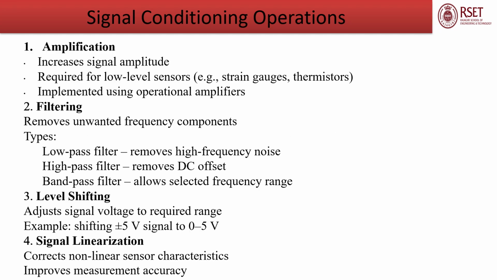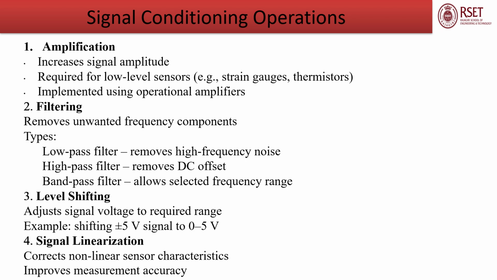Next are the different steps to be carried out while performing the signal conditioning process. The signal conditioning involves several operations. The first is amplification, which increases the amplitude of low-level sensor signals and is commonly implemented using operational amplifiers. Filtering, which is the second step, removes unwanted frequency components such as noise.